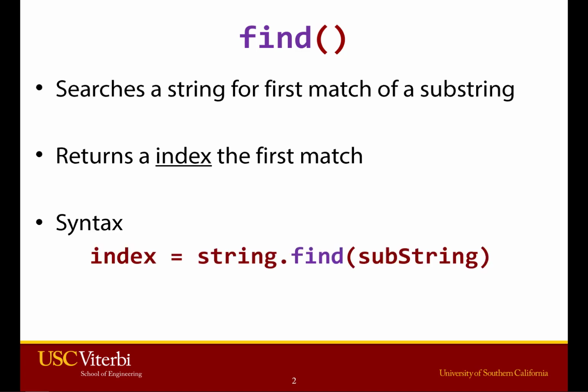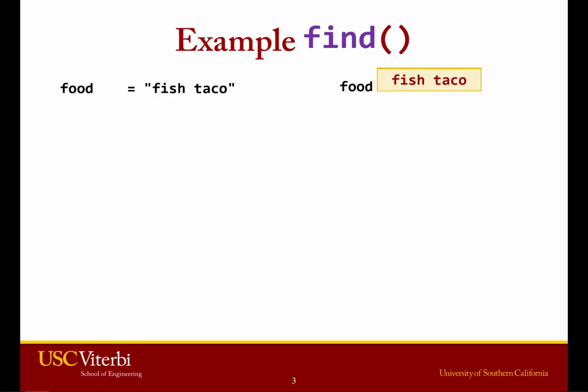So the syntax is my index equals, so you're looking for an index, string dot find, and then whatever partial string you're looking for. So for example, if we were to look at food equals fish taco, we know that this is a string, but each letter has an index, just like a list would.